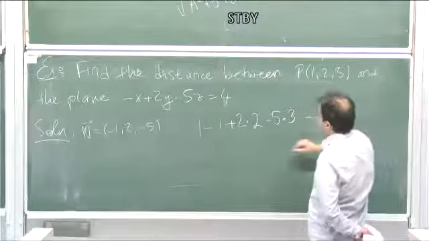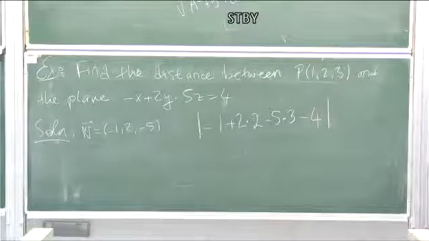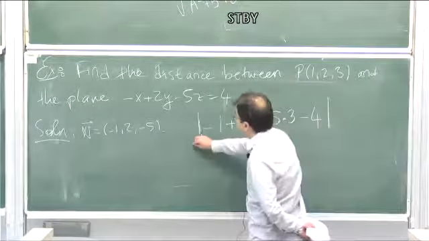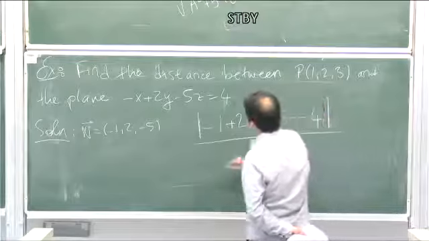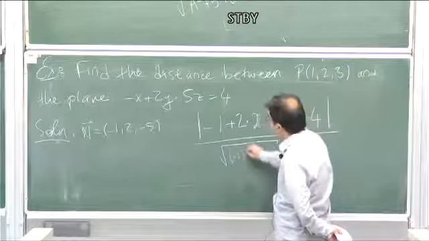So I take the whole equation, divided by the length of this normal vector.